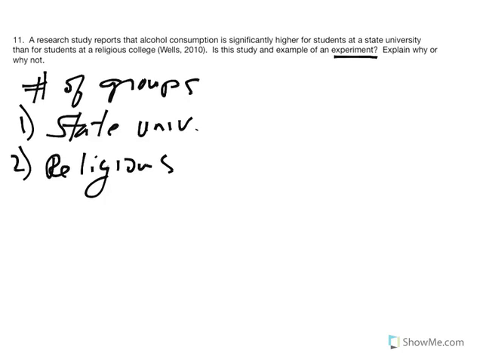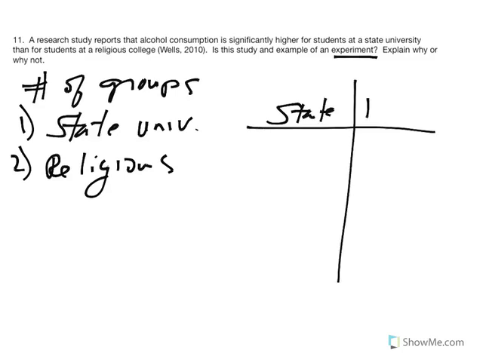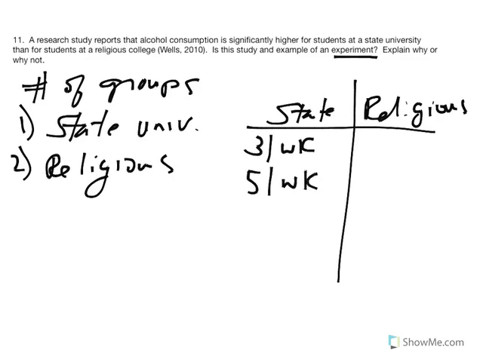Okay, so what we were interested in is the amount of alcohol that they consume. So we would have the state data and then the religious. Okay, and then maybe our first individual at the state school says 3 drinks per week, 5 drinks per week, 0 drinks per week. And at the religious school, the first student says 1 drink per week.